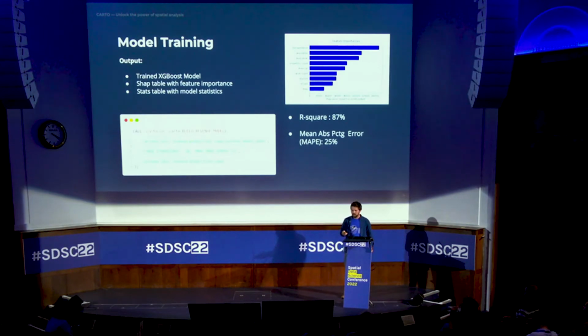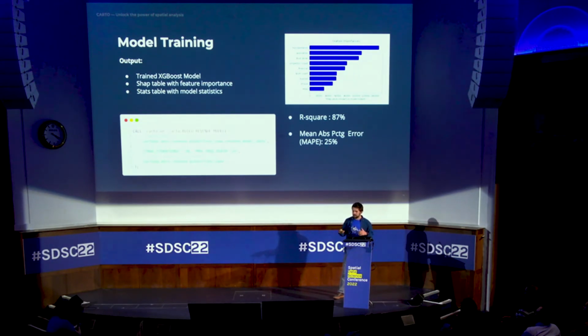So the output of that function is basically a table with all that information combined in a very specific way, which we can then feed to the next function, which is model training. You can see that we are passing the table name, and in the background, what this is doing is basically training an XGBoost model, which you can slightly configure.